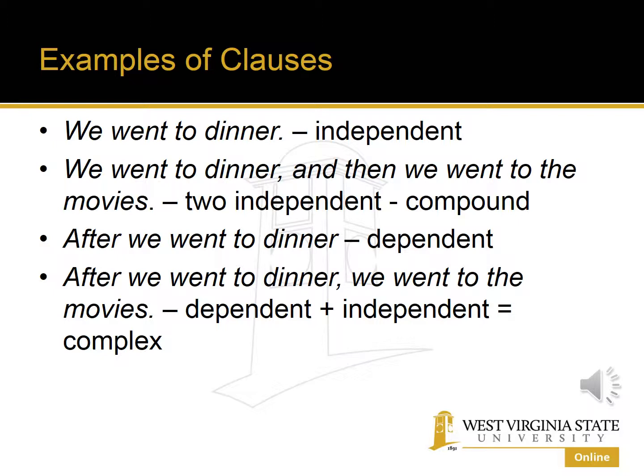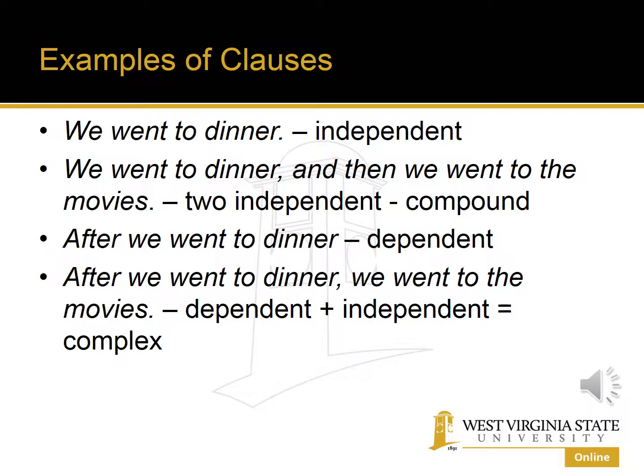Two independent clauses that are combined with a comma and a coordinating conjunction to form a compound sentence. After we went to dinner, a dependent clause that does not express a complete thought. After we went to dinner, we went to the movies.